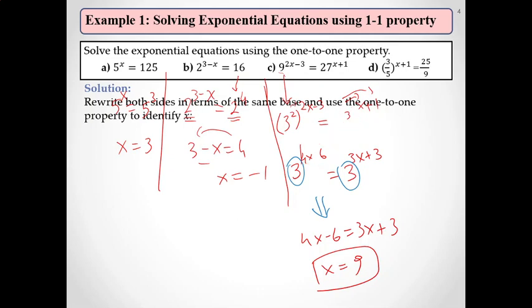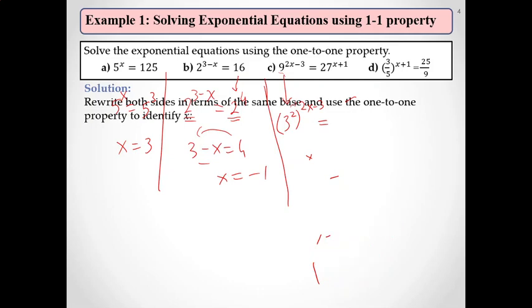When it comes to the last one, we can do the same here. The only thing is, the base here is 3 over 5, but the other side is not 3 over 5.